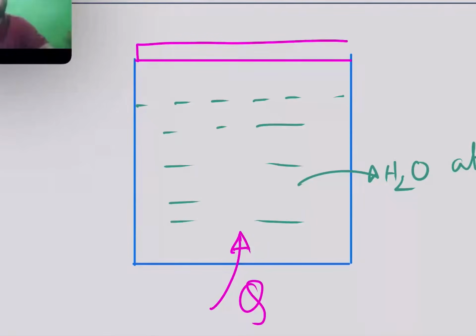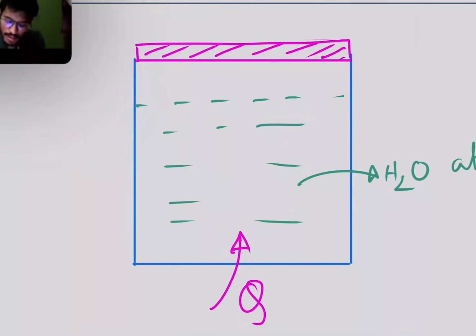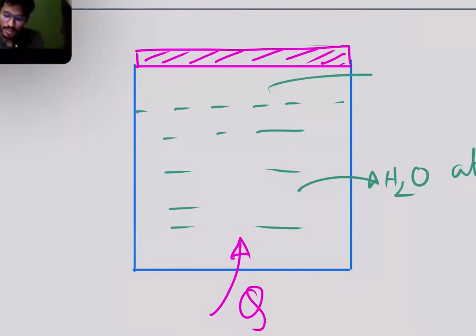This is a solid lid. Initially I was having 1 atm pressure. Now you draw the same T versus t graph for this case when I am having the lid on, on the same plot. Okay, you draw that.